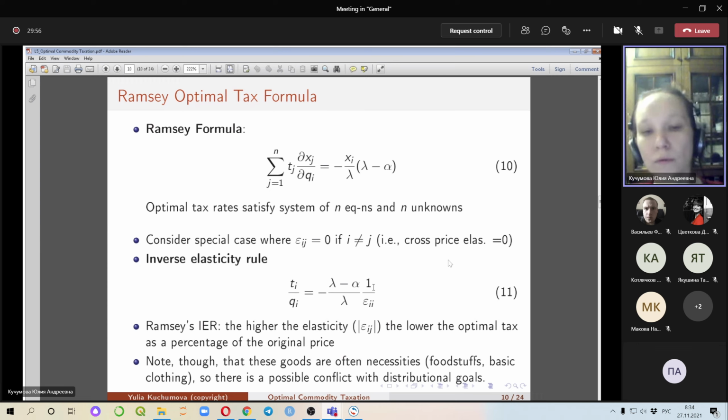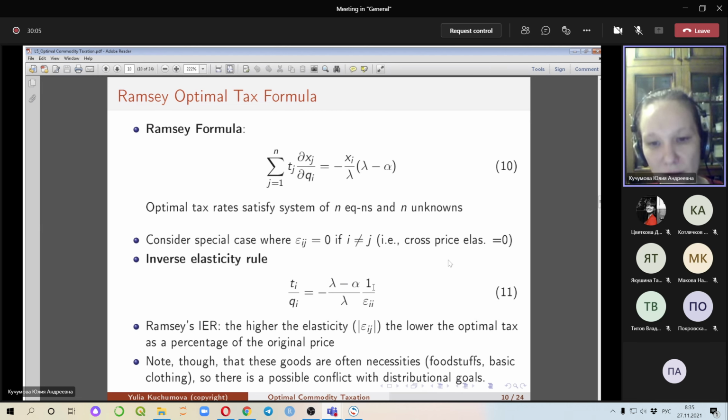So to decrease the deadweight loss, we need to tax less those goods that have a high elasticity, or the other way around, tax more those goods that have low elasticity, the inelastic goods.